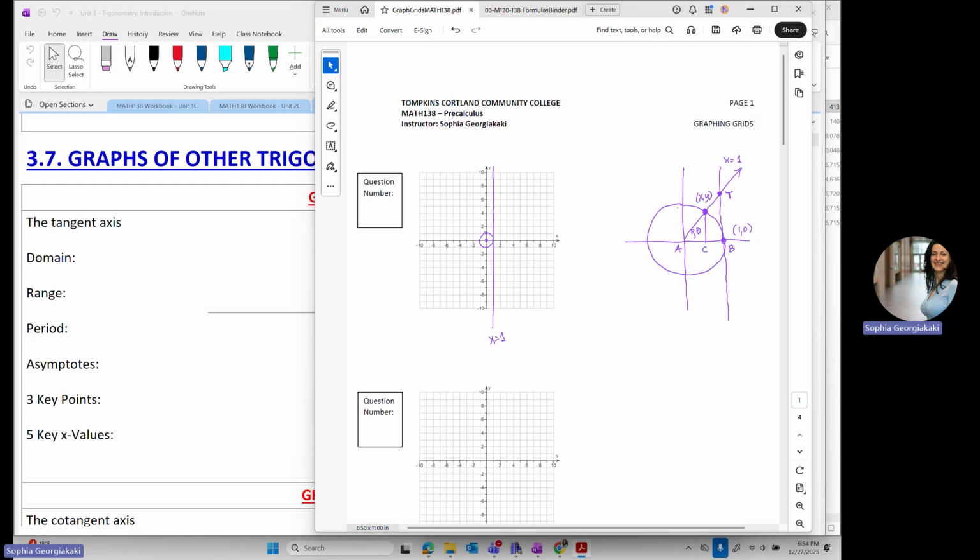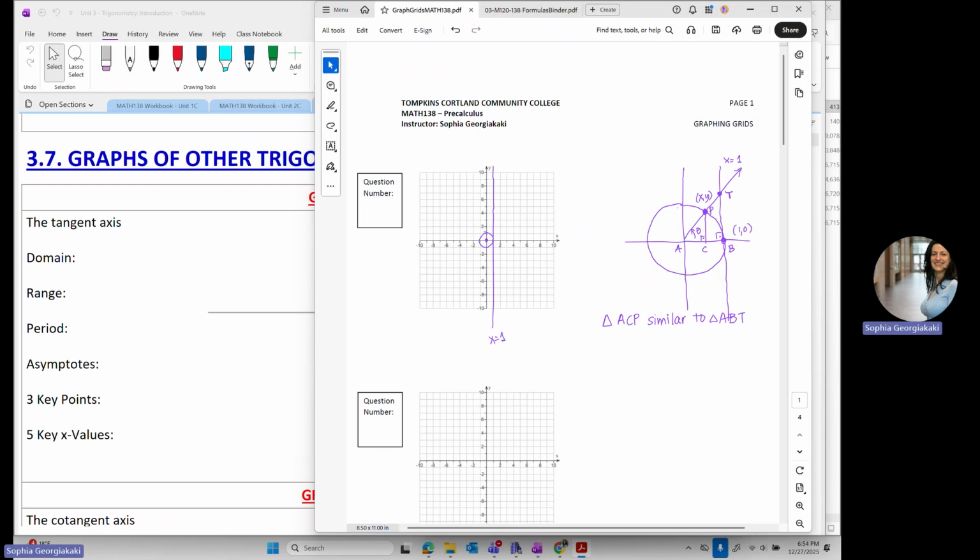So let's call this C, and let's call this point P. The triangle ACP is a right triangle at C, and it is similar to the right triangle ABT. ABT has the right angle at B.